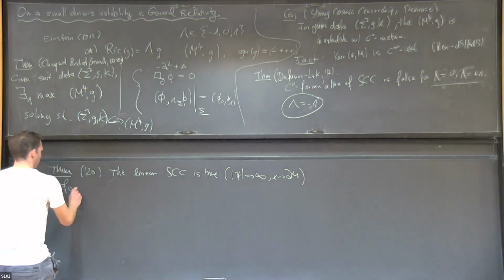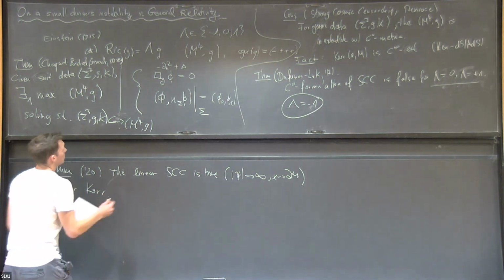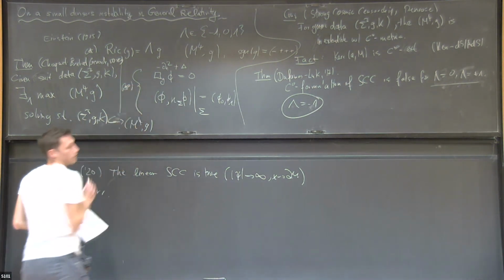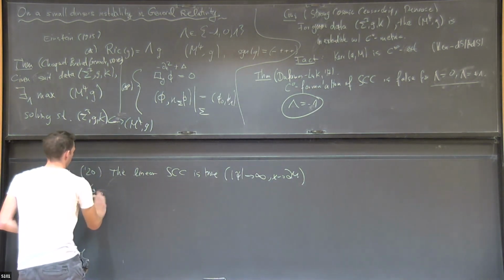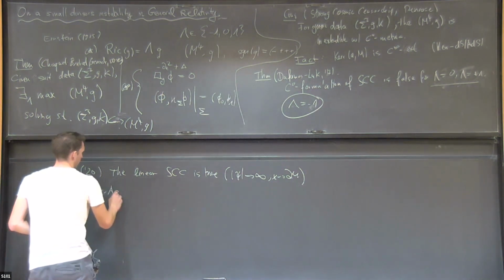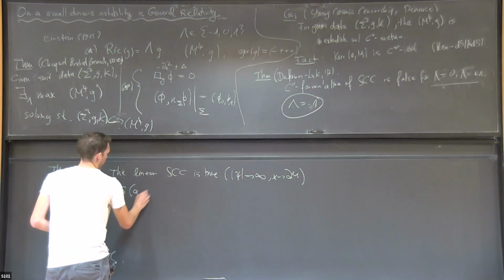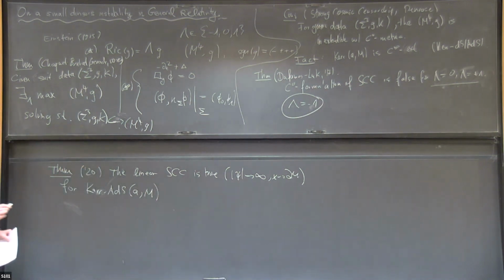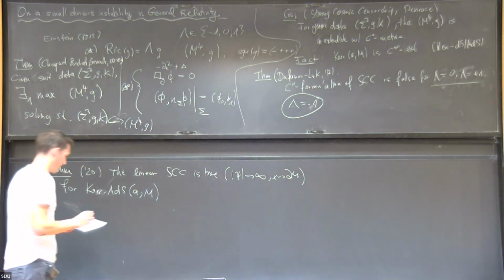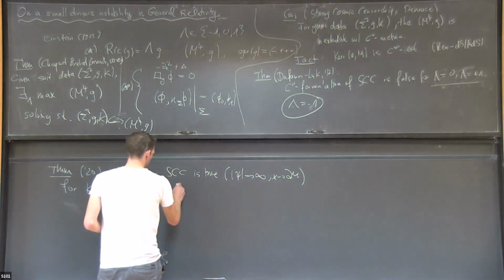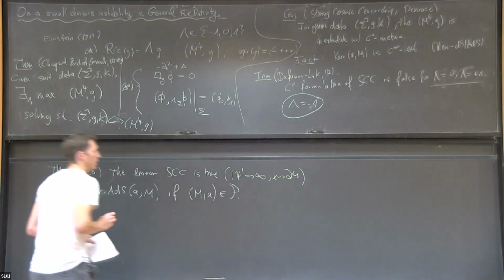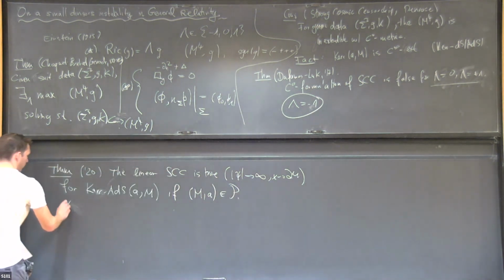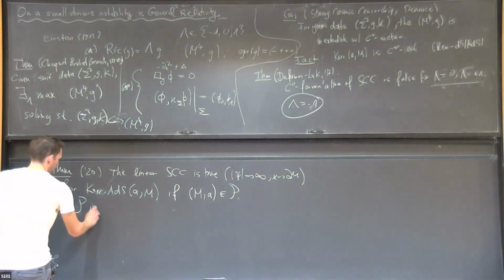So what's the field? That's a solution to this equation, but maybe I didn't specify it properly. Of Kerr AdS, parameterized by angular momentum A and mass M. If M and A are in a set P, where P satisfies the following property, it is very generic.